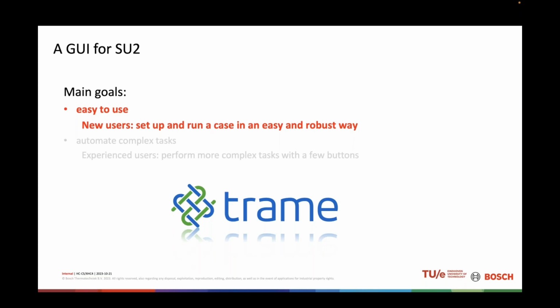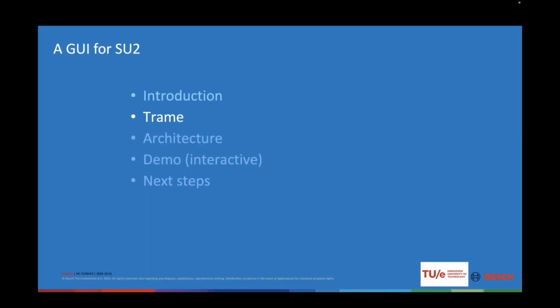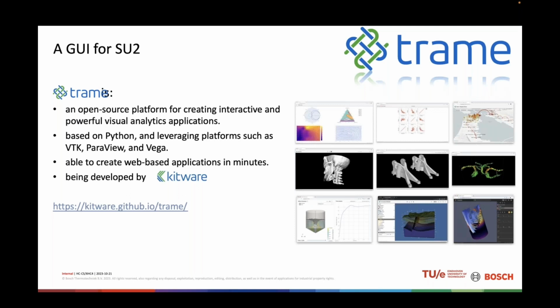And what do I use for this? I have checked out several options, and I quickly came out at Trame, which is developed by Kitware, which is famous for also developing ParaView, among other tools. It's an open source platform for creating interactive and powerful visual analytics applications.